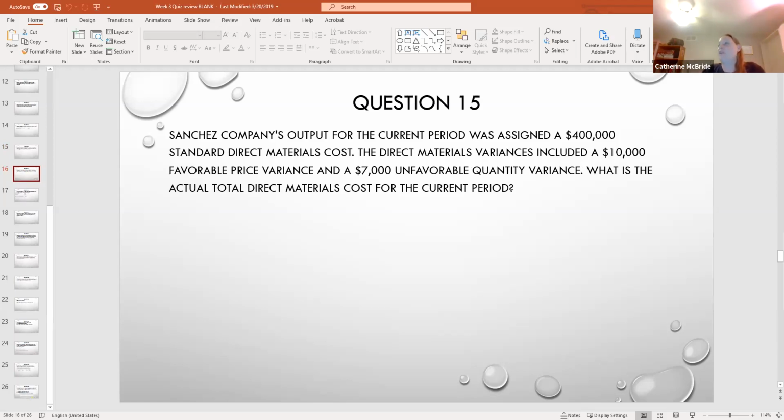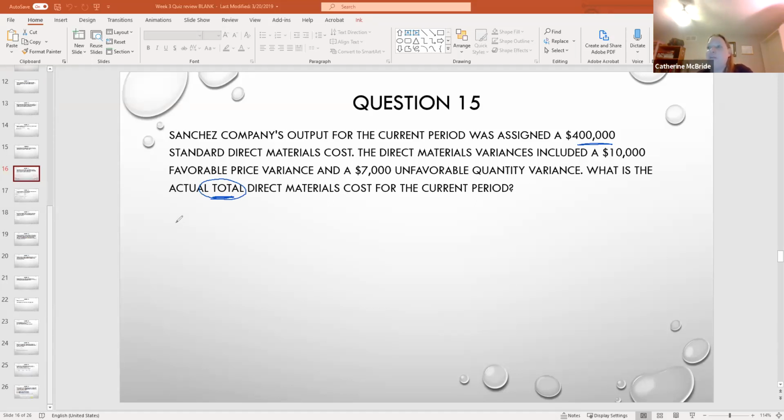Okay, now we want to do the actual direct materials cost for the current period. So this is one of those where we're given the budgeted cost and we're given the variance. We're looking at the total cost difference. Sanchez Company's output for the current period was assigned a $400,000 standard direct materials cost.